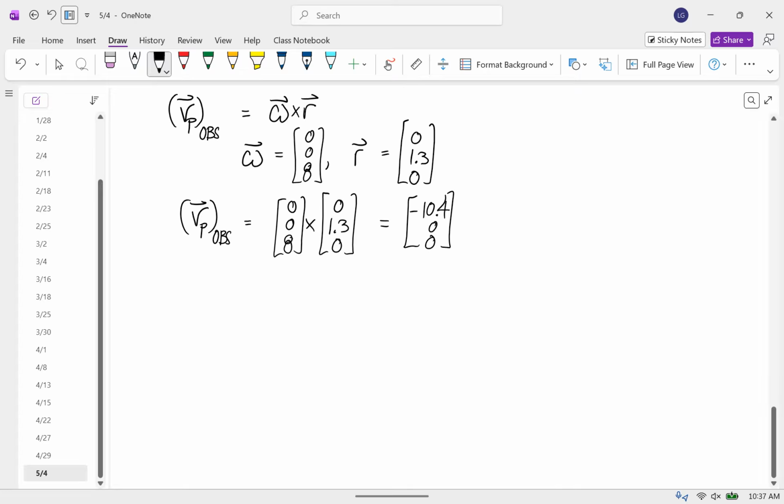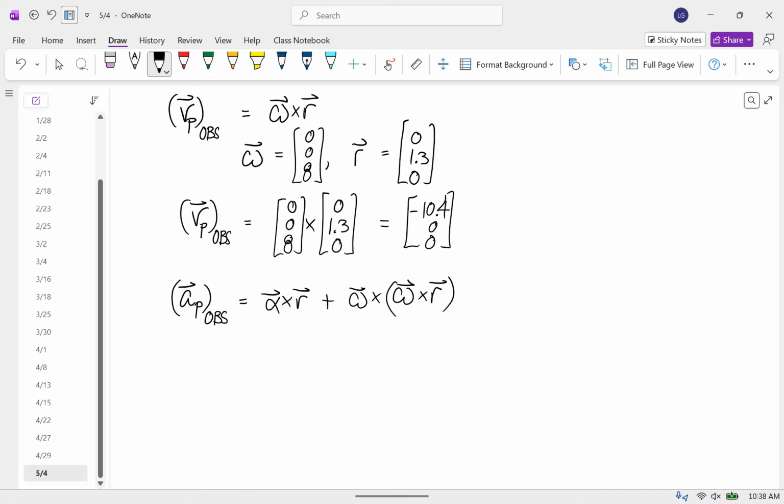And now we have to calculate the observed acceleration of P. That's the watermelon equation. So we got alpha cross r plus omega cross quantity omega cross r.